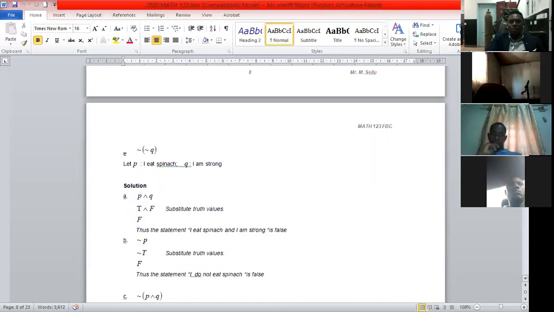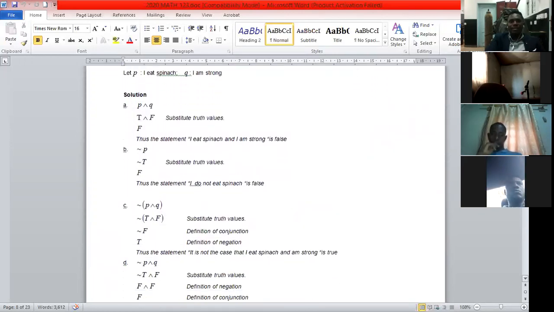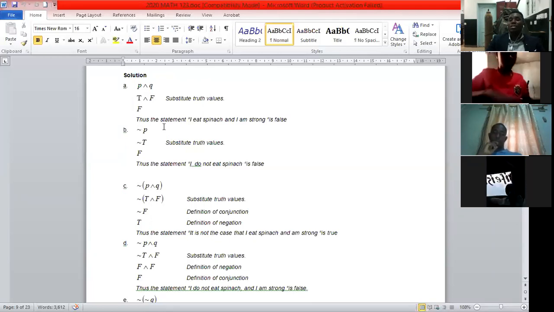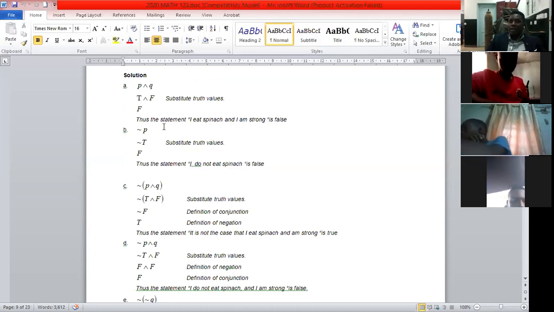And so you can see from the solution there, P is representing true and Q is representing false. So true and false is definitely going to be equal to false. So the statement "I eat spinach and I am strong" is false, if P is representing "I eat spinach" and Q is representing "I am strong."